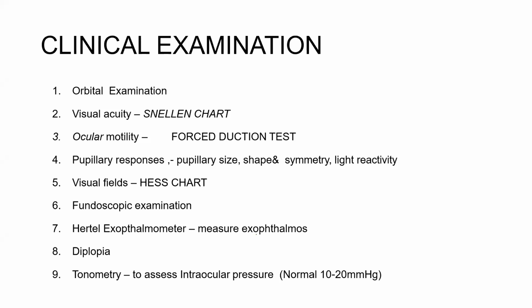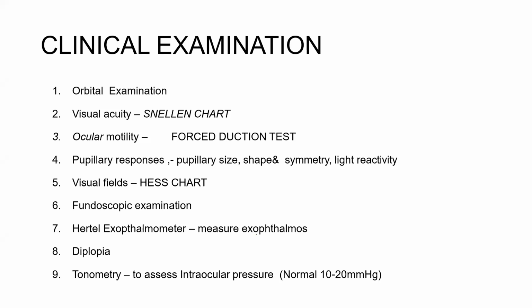The ophthalmic examination is an 8-point examination recommended by the American Association of Ophthalmologists for a patient who has an orbital trauma. It includes orbital examination, visual acuity by Snellen's chart, ocular motility by forced duction test, and pupillary responses.